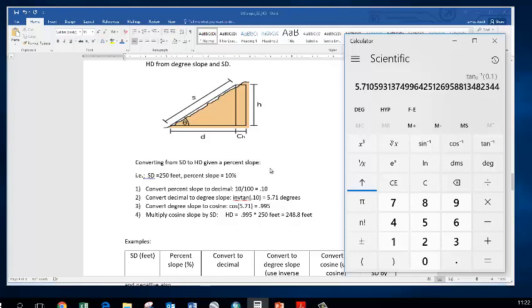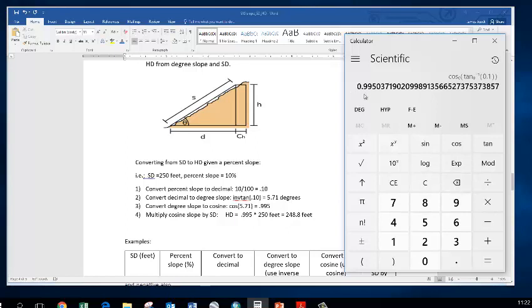All right, then it's just a matter of doing that cosine function. So I go back to my cosine function. Cosine of 5.7 degrees is 0.99. In other words, this distance is about 99% of that distance.